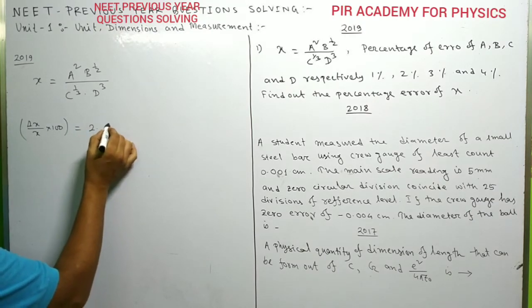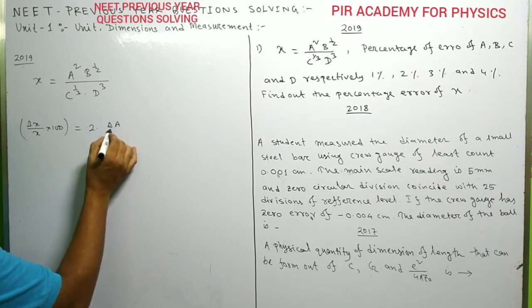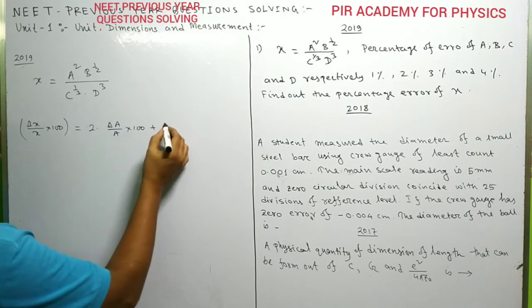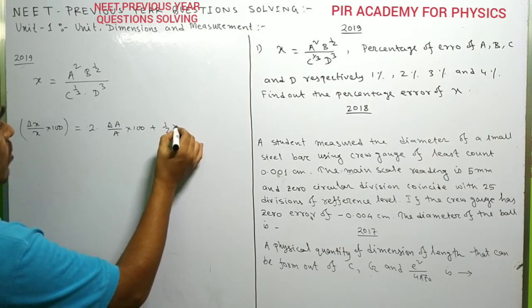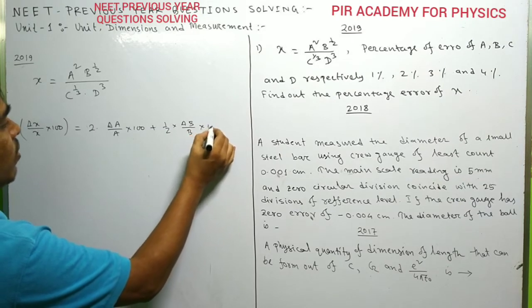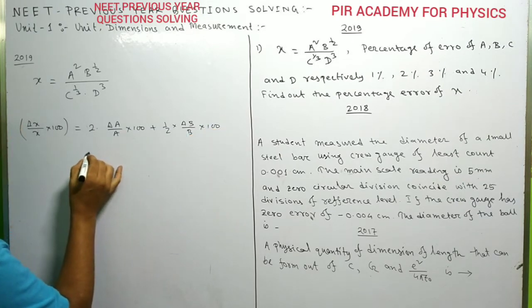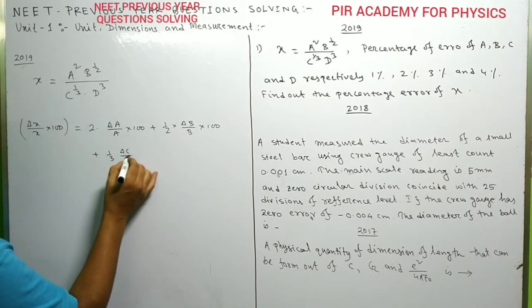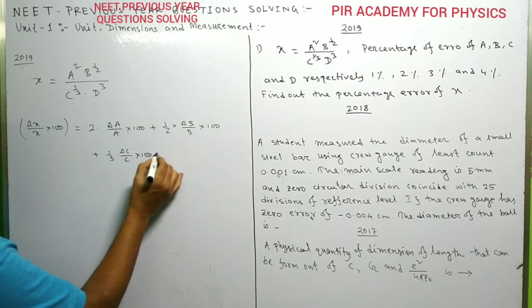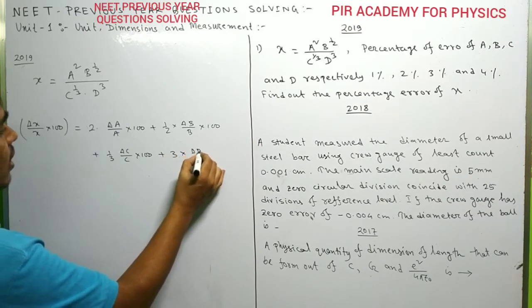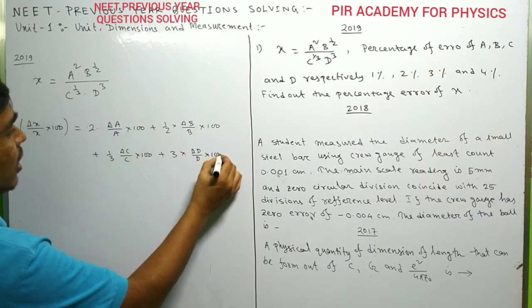2 into delta A divided by A into 100, plus half into delta B by B into 100, plus 1/3 into delta C by C into 100, plus 3 into delta D by D into 100.